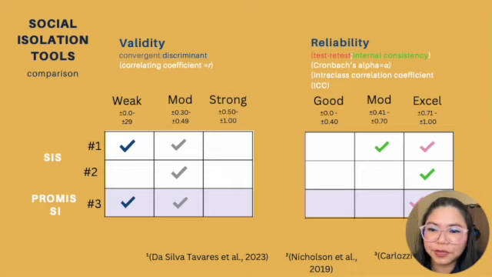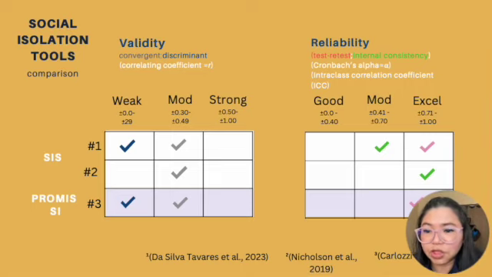So in the context of validity, here convergent and discriminant were used, and for reliability, test-retest and internal consistency were also used. I was just going to say that the discriminant validity here needs to have no correlation or weak correlation in order to be valid.